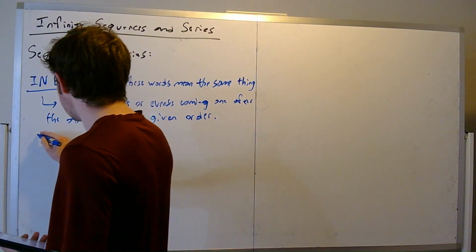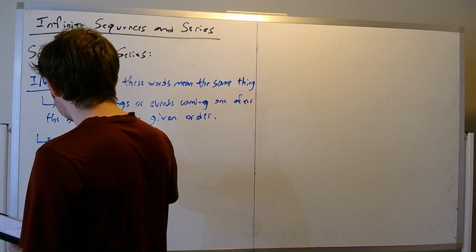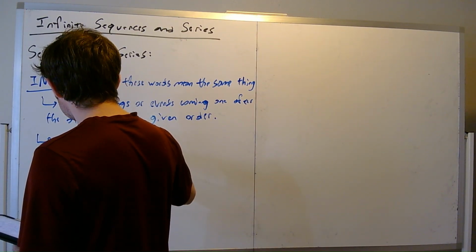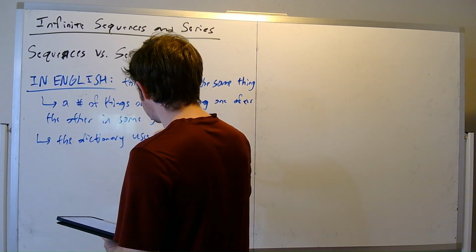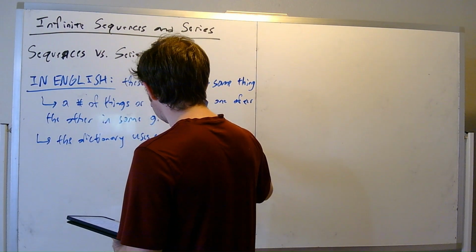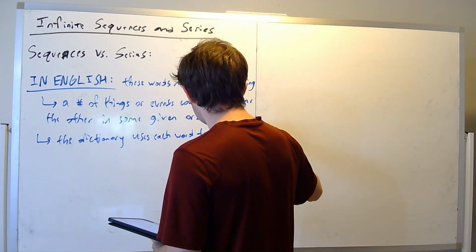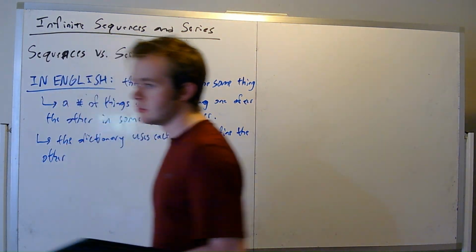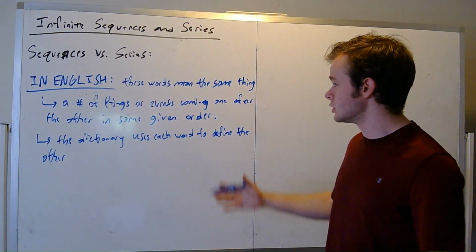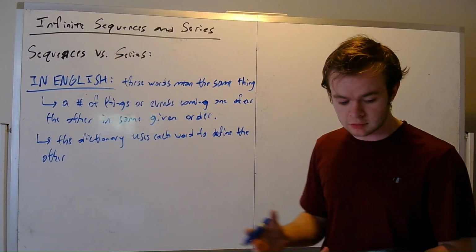And I'll say here in the dictionary, the dictionary uses each word to define the other. Right, so via just the English dictionary, these two words are the same thing, sequence and series.